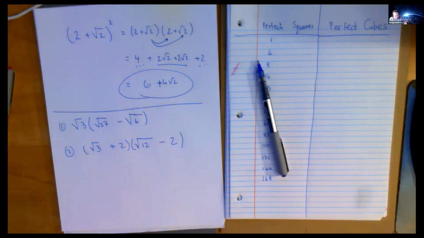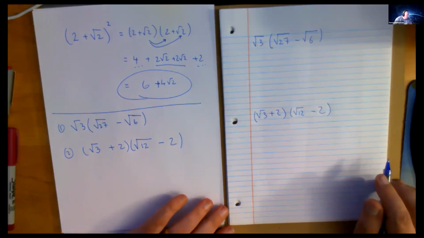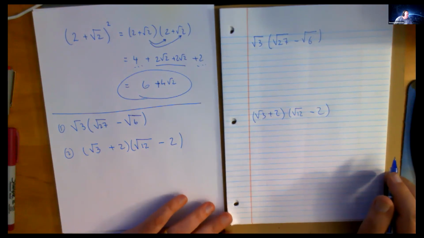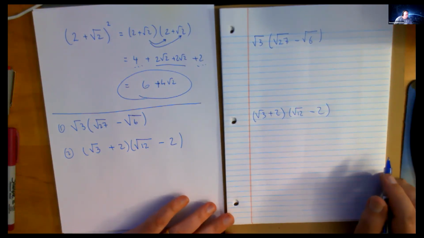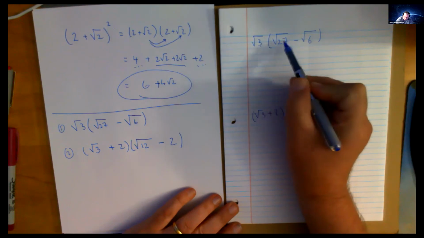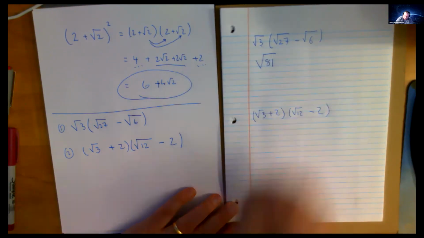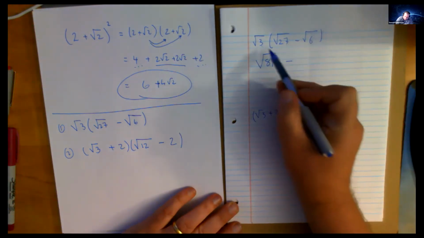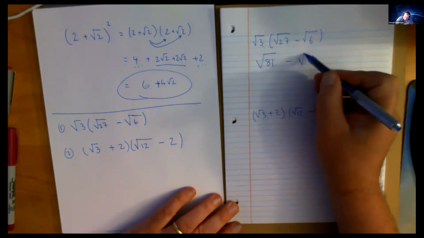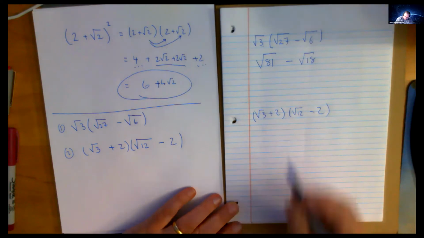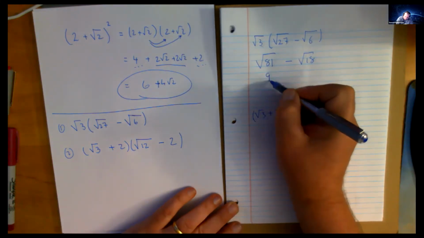Okay, give you a couple of minutes, 1 minute each. Well, I can see most of you done. Okay. Square root of 3 times square root of 27. If you multiply those two numbers, you get 81. Subtract. Square root of 3 times that guy, you get square root of 18. This one is a perfect square.